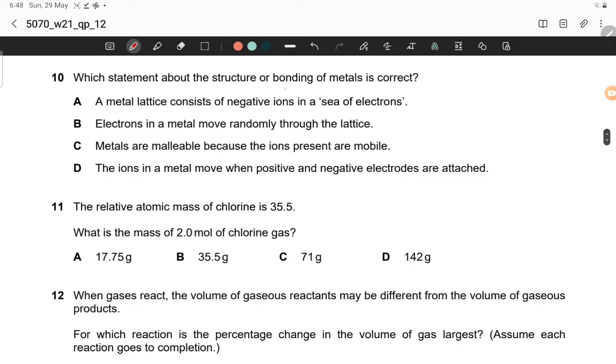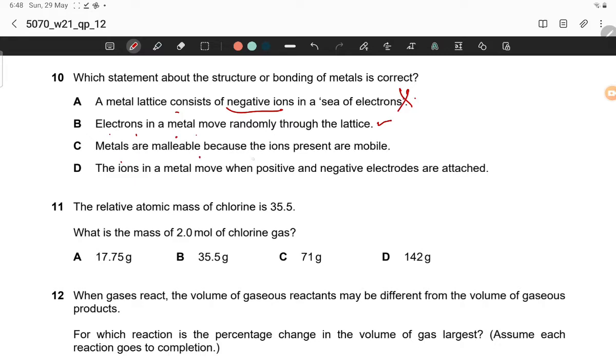Which statement about the structure of bonding of metals is correct? A metal lattice consists of negative ions in a sea of electrons is incorrect. Electrons in a metal move randomly through the lattice.